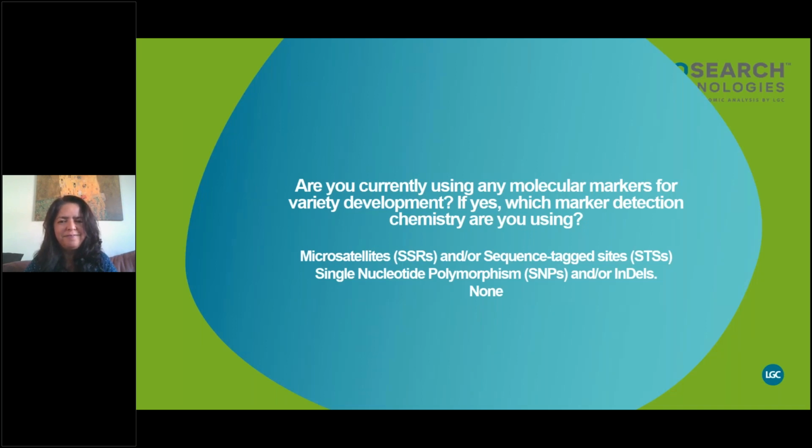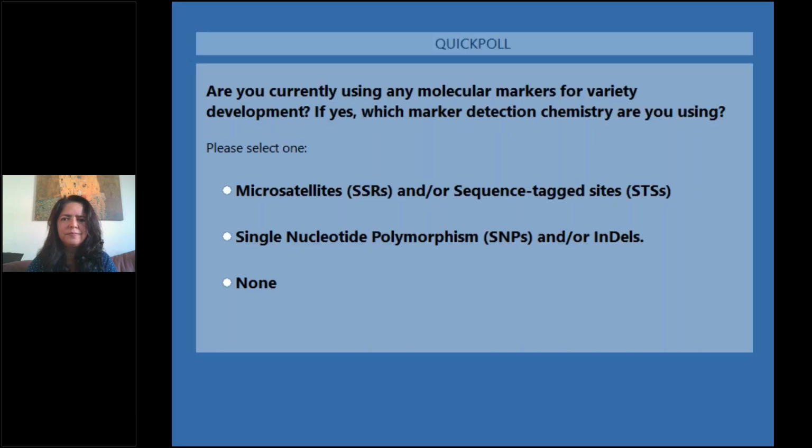All right, and this will bring us to the first of our interactive poll questions today. The question for you is, are you currently using any molecular markers for variety development? And if yes, which marker detection chemistry are you using? Are you using microsatellites, SSRs, and or STSs, sequence tag sites?